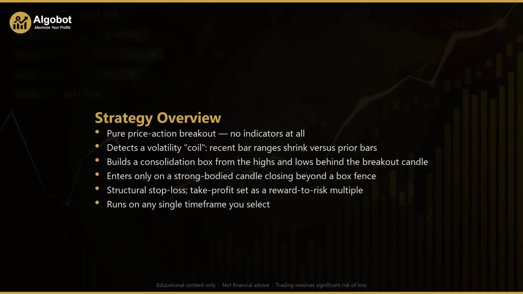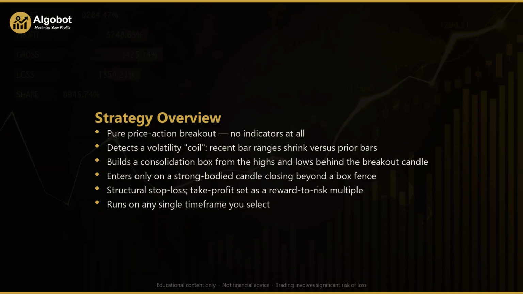So what exactly does this expert advisor do? At its heart, the Volatility Contraction Breakout strategy is built on a simple market observation. Before many strong directional moves, the market tends to go quiet. Each new swing overlaps more with the last. The candles get smaller, and the range tightens into what traders often call a coil.